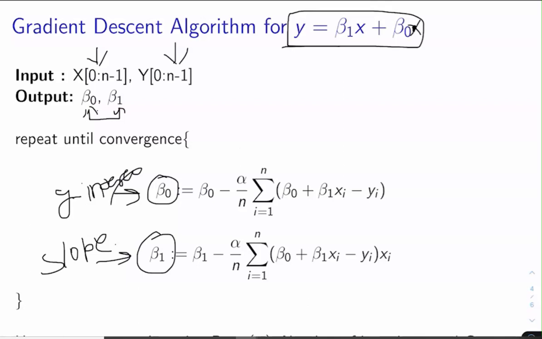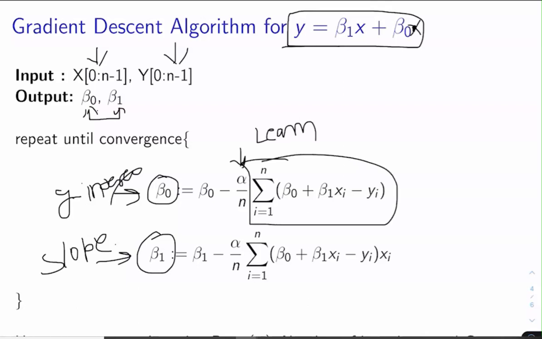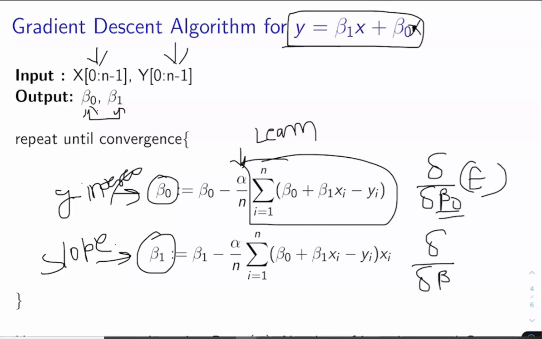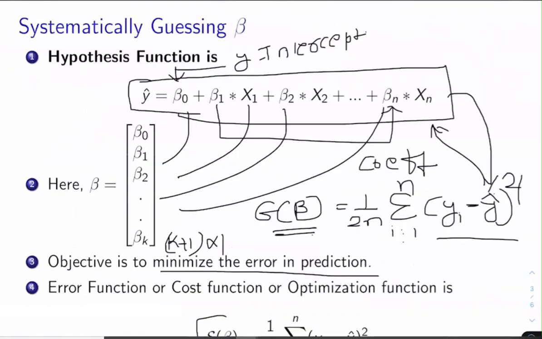We have also seen that alpha is our learning rate, and this term represents the partial derivative of error with respect to beta 0, and this term indicates the partial derivative of error term e with respect to beta 1, and the error function is this one.